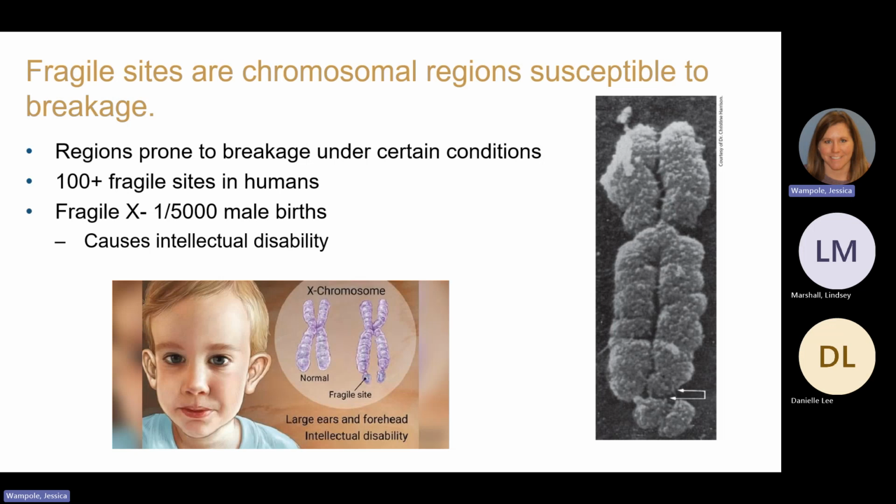These tend to happen at specific regions, and it just depends on the molecular structure of the DNA. Maybe there's some damage or we've got some modifications to the DNA structure that basically weaken the backbone.